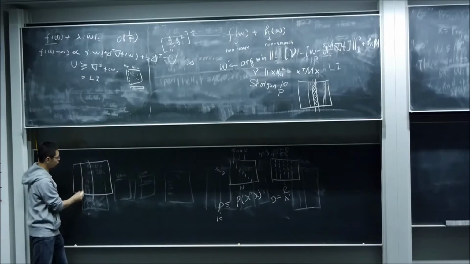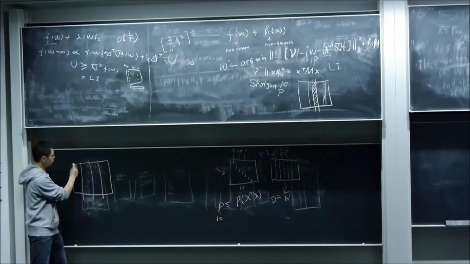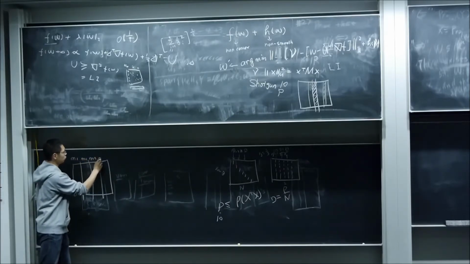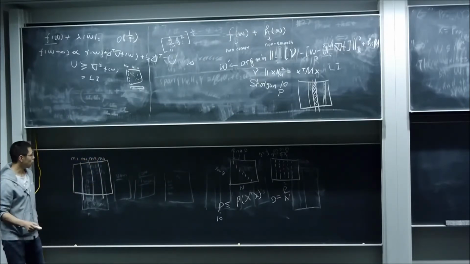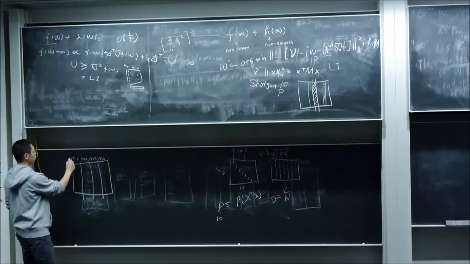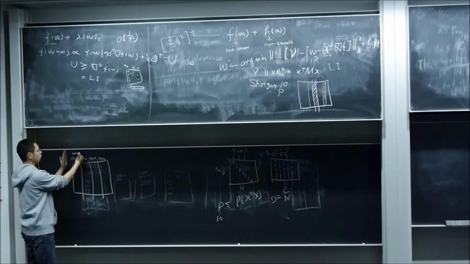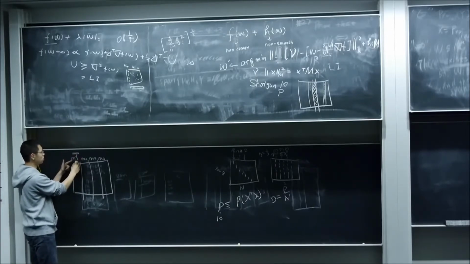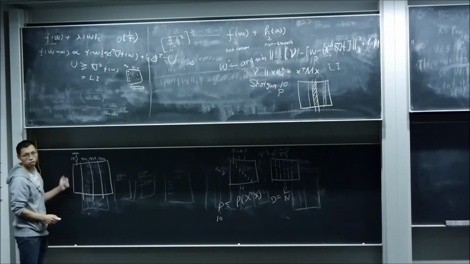You partition it into 4 parts, and each part goes to one machine: machine 1, machine 2, machine 3, machine 4. Because each machine has the whole data of its coordinates, that machine can control a part of the W. So this part of W goes to this machine's memory, and this data goes to this machine's memory.